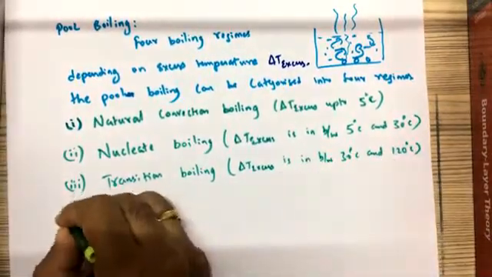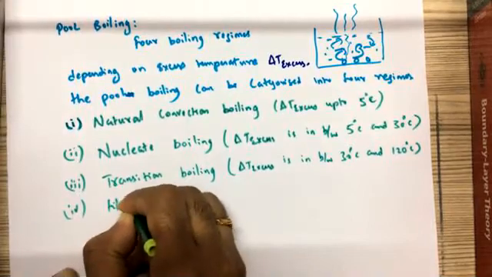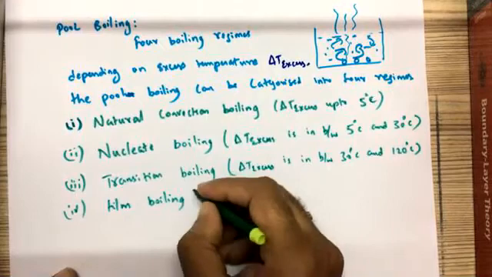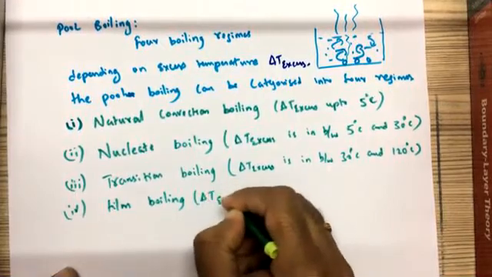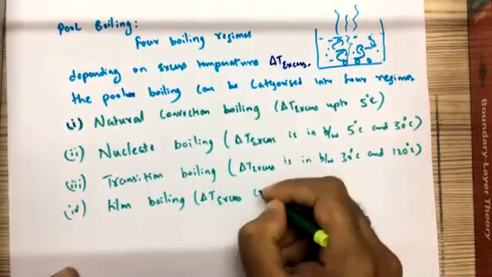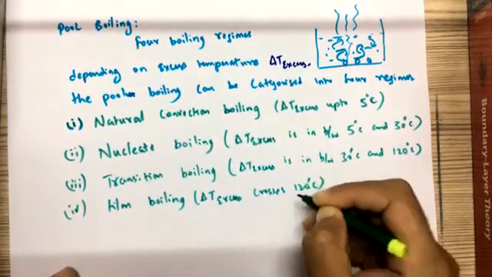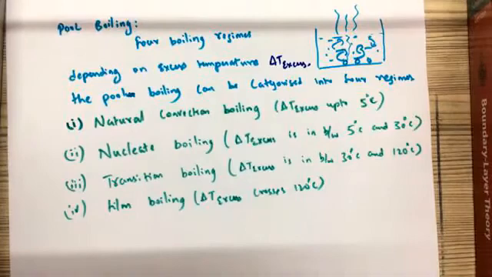Last one is film boiling, when delta T excess crosses 120 degrees Celsius, or basically I should say if it is beyond 120 degrees Celsius.